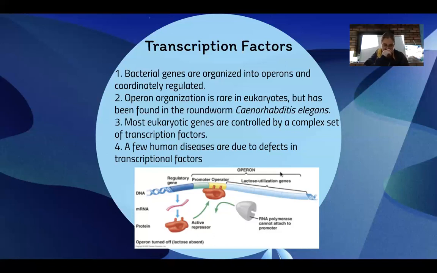Because of the importance of these transcription factors in gene expression and regulation, it is thought that there are some diseases and disorders that occur in humans that aren't necessarily because of defects in the DNA itself, but maybe because of defects in the transcription factors. If there are defects in the transcription factors, then that means they may not transcribe and thus translate the genes correctly, which could then affect how the gene is being expressed.